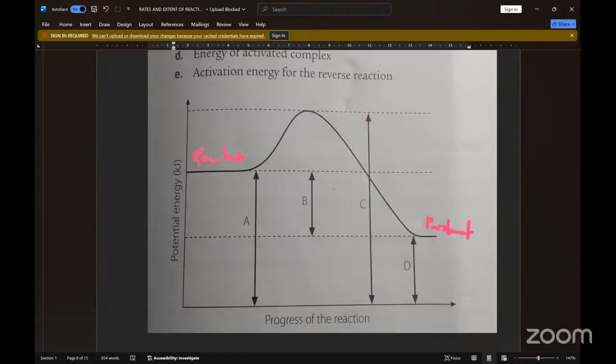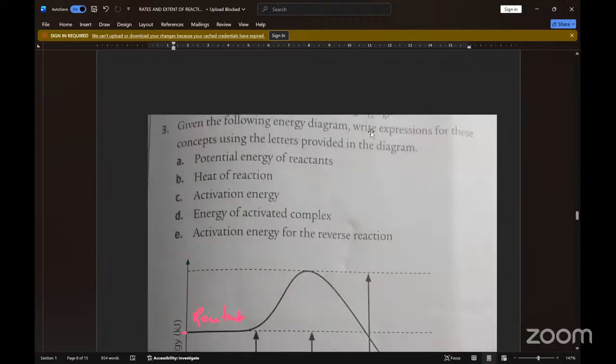So the potential energy of the reactant is from the beginning up to here. So let's assume this is 0. The value here is the potential energy of the reactant. So the potential energy of the reactant is represented by A, and therefore we write A here.